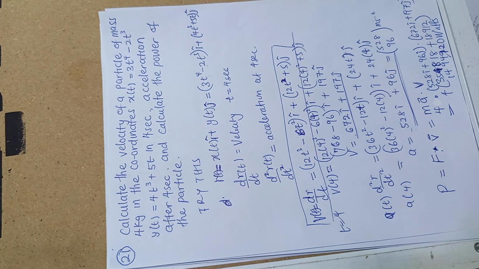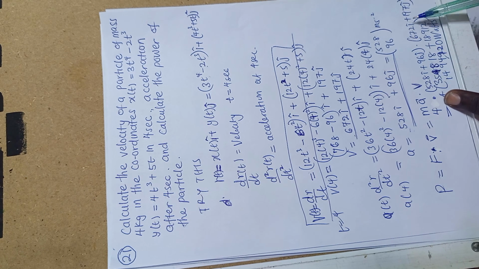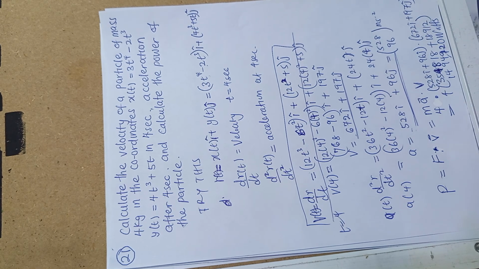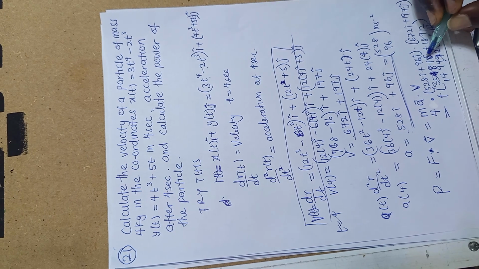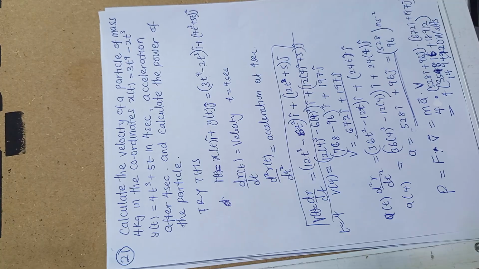So that's what you are going to have. But don't forget that i dot i: if you do this times this, that is i dot i, 528 times 672. That's how you get it. You get 354,816. Then you do the other one, which has to do with j dot j, which is 96 times 197.